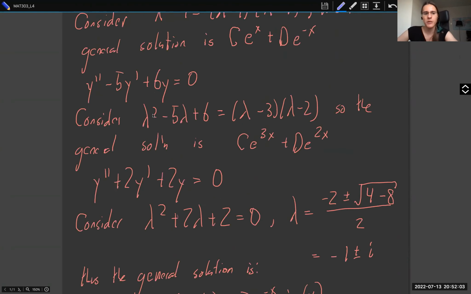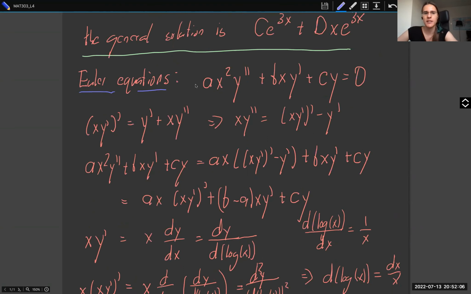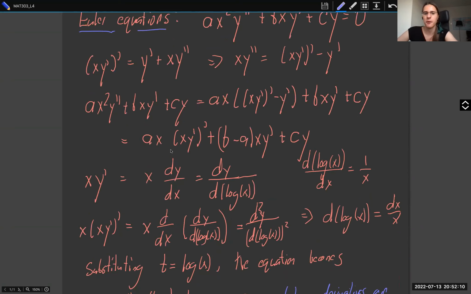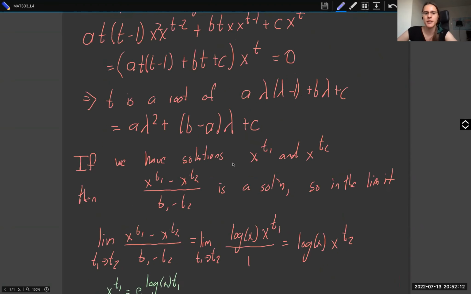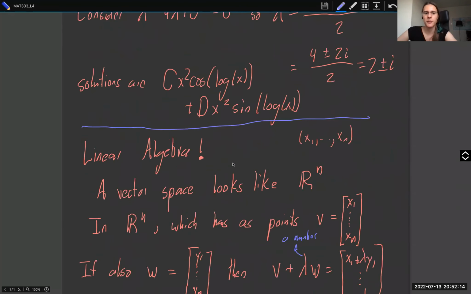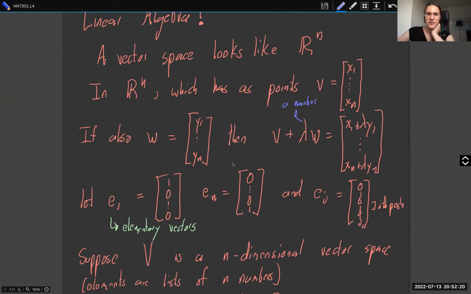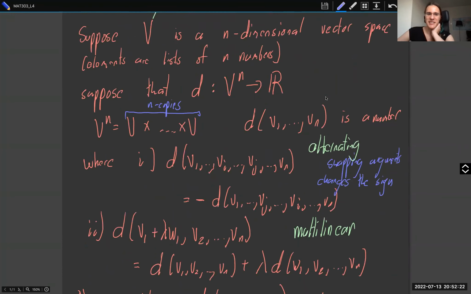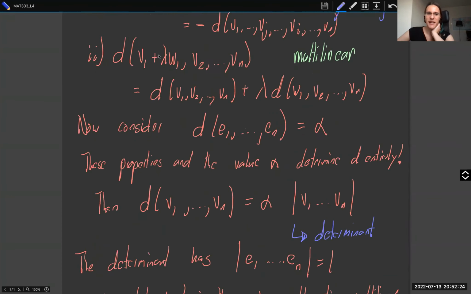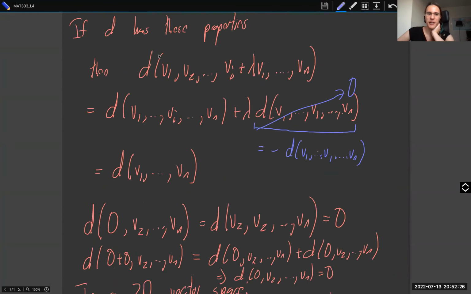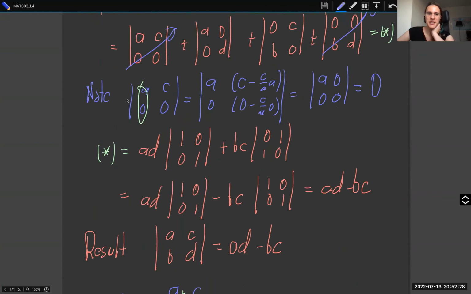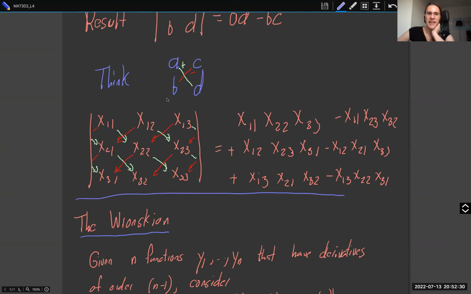Then we talked about Euler equations, which was basically the same thing, except that you move one coefficient over to the other side, and the process for writing down the solutions is a bit different. Then we started talking about linear algebra. You don't have to understand linear algebra, you just have to be able to do computations. There is this function, the determinant, that satisfies some properties. I was able to derive what the function is for two-dimensional vector spaces from the properties, but all you need to remember is it's just the diagonals in the 2 and 3-dimensional case.